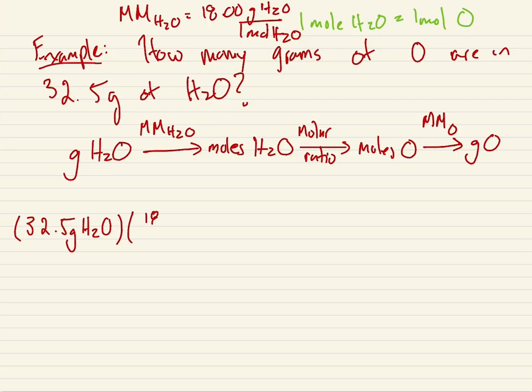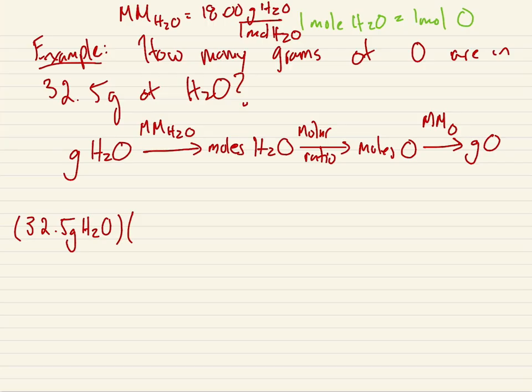I'll plug that in just so we can see. The unit that we want is in the denominator, which already tells us we're not on the right track. The units of grams can't cancel out because they're both in the numerator of this calculation, which means that we have to flip this.